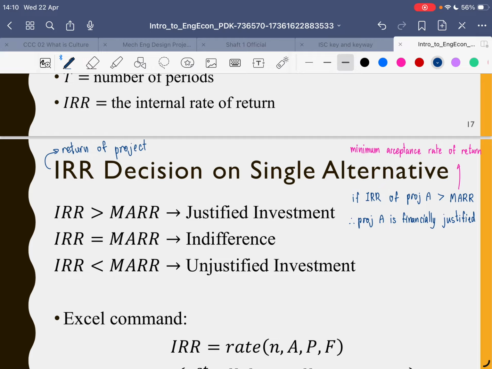What I'm trying to say here is that a higher IRR is a better option, and since IRR is uniform, it is a fair comparison between project and project.